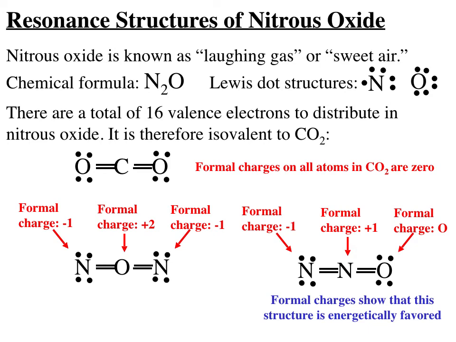Now, if I, on the other hand, look at the formal charges on the N, N, O arrangement, on the left N, again, 5 minus 2 minus 4, a -1 formal charge on the N. The central N, 5 minus 4, or a +1 formal charge on that N. And on the right O, 6 minus 2 minus 4, or 0 formal charge on the O on the right.